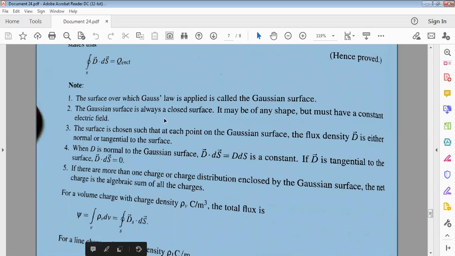The surface over which Gauss law is applied is called the Gaussian surface. The Gaussian surface is always a closed surface. Remember that point.